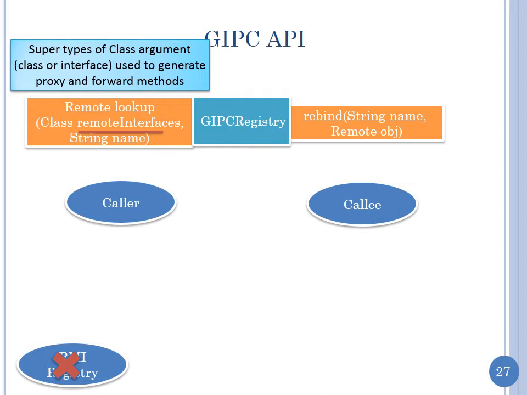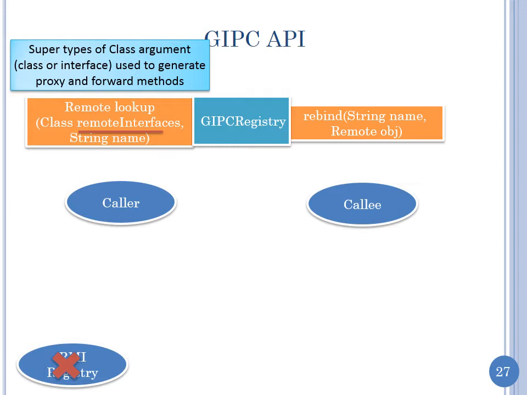Here, you are telling it exactly which interfaces to associate with the proxy. So what you do is you give it one class, and all the types, that class could be a class or an interface. All super types of the class that are interfaces are gone and stored with the proxy.